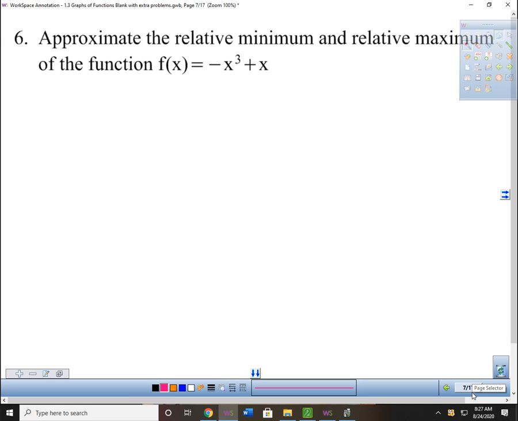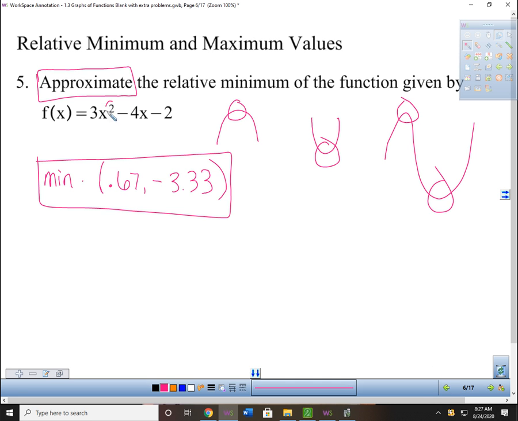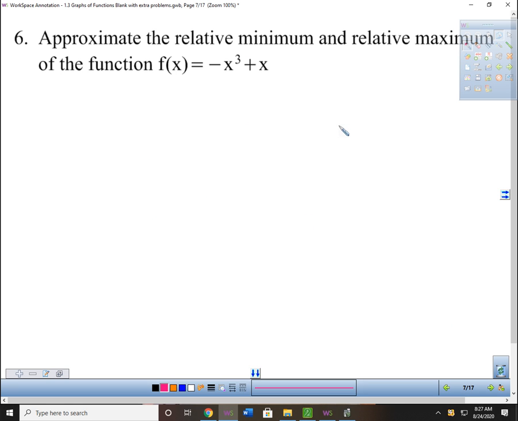All right, approximate the relative minimum and relative maximum of this function. Now, this is a cubic. So remember, the last one was quadratic because the squared was its biggest power, right? So that makes the U shapes. When you have a cube, sometimes it's like swirly, like a snake kind of. So you could have more than one, because sometimes they're like this.